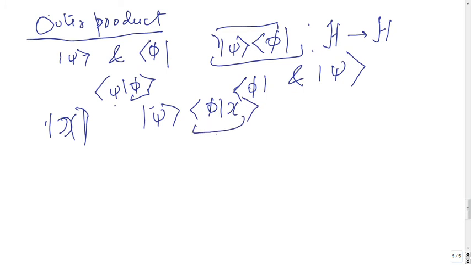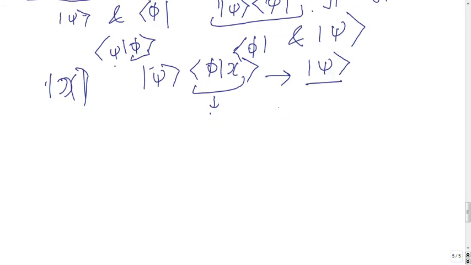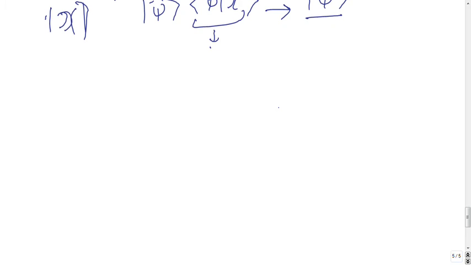If you remember, this is an inner product and it is just a complex number, so it gives us a scaled version of this vector xi. Okay, so this is another example of a very simple operator.